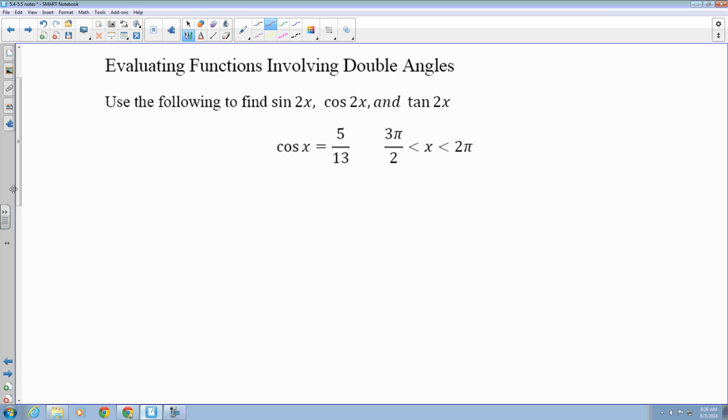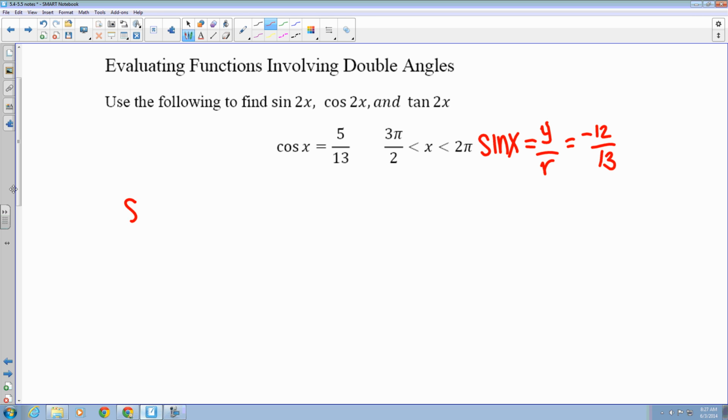Tangent involves tangent, but if we find sine and cosine first, we can just divide those two. So I need to find the sine of x as well, which would be y over r. If I'm in the fourth quadrant, as I am, sine would be negative, and this is a Pythagorean triple, so this should be negative 12/13.